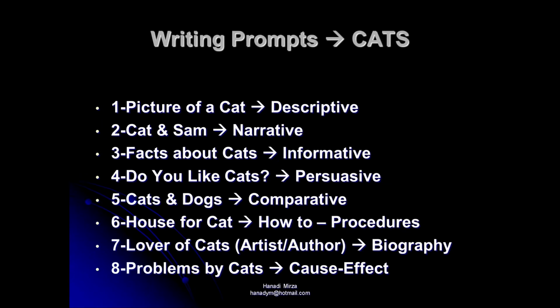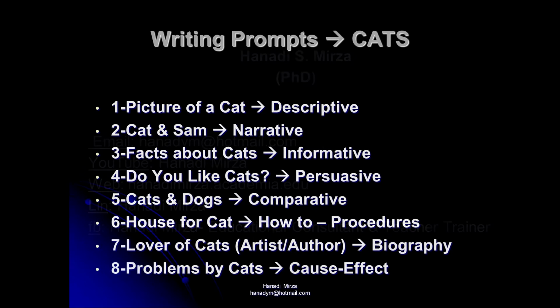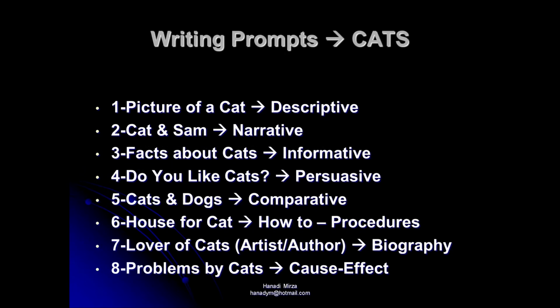Here are the writing prompts. The writing prompts are not written in order of how they should be taught throughout the academic year, so it depends on the order in your books. So we can have a picture to describe a cat, and then we ask them to write a story including Sam and his cat. Later on, we can ask the informative about facts about cats.